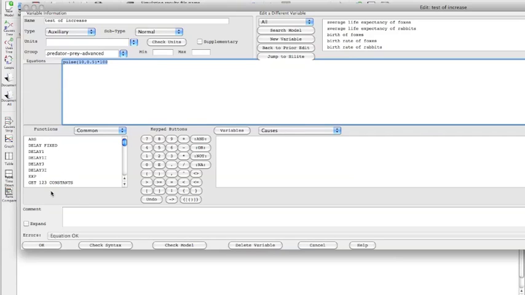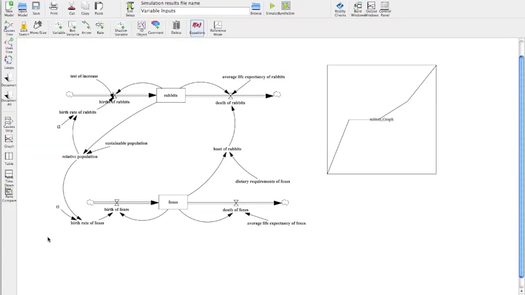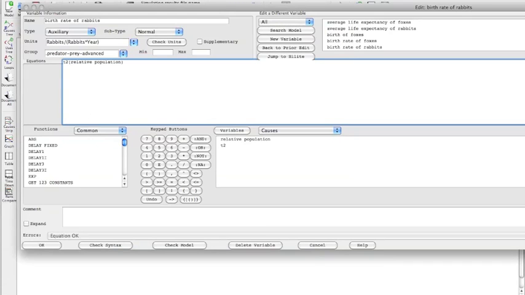So that's one of the features in this model. Now, the other thing you notice is that the birth rate of rabbits is now given as something referred to as a lookup table. You will see that there are two variables.